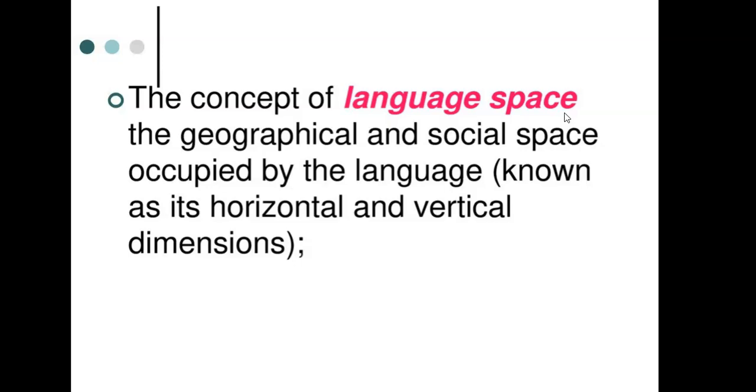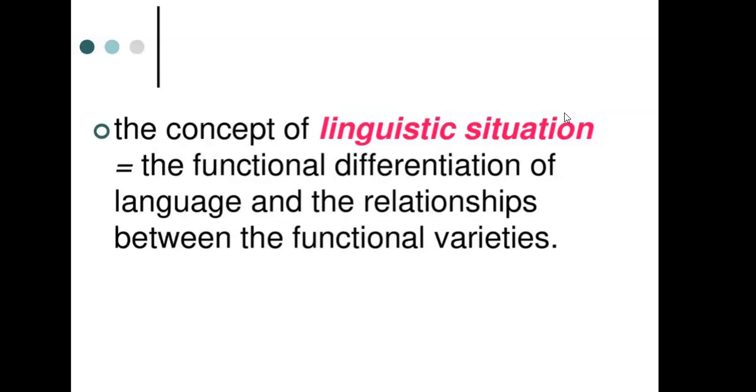The concepts of language space, the geographical and the social space occupied by the language, known as its horizontal and vertical dimensions. The concept of linguistic situation, the functional differentiation of language and the relationships between the functional varieties.